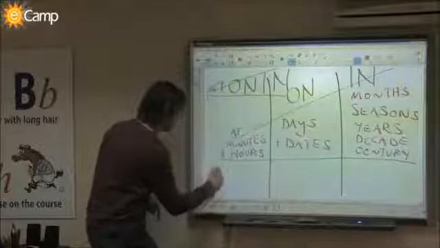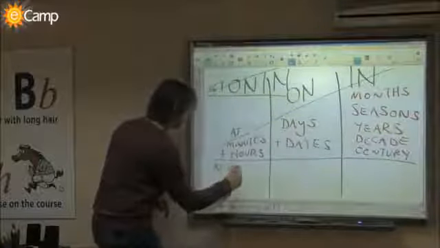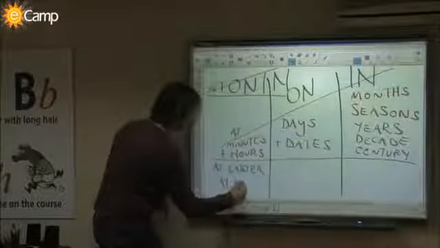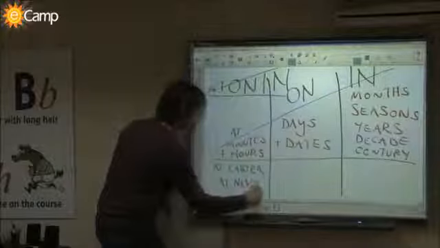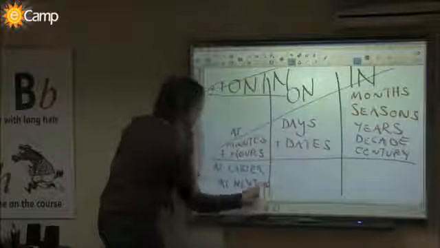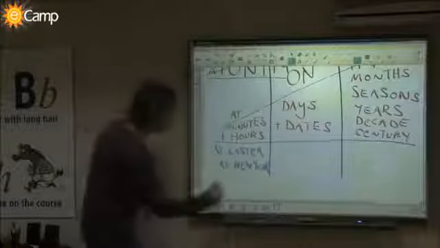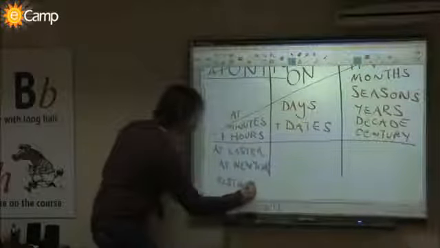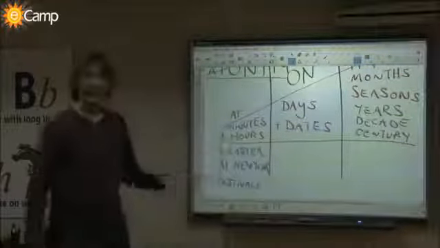So, at Easter, Pascha, yeah, at New Year. Okay, so at Easter, at New Year is one exception. So here we put it for any festivals, those in the at section.